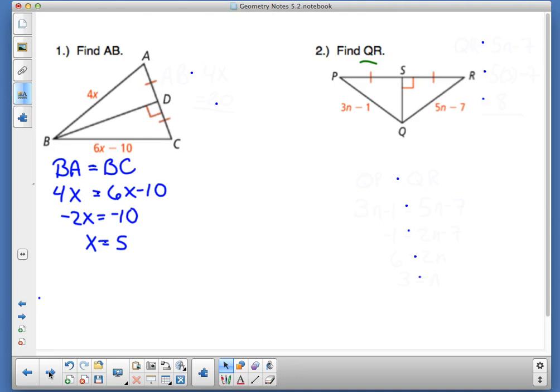But we have an oopsie. We found part of the answer. If we reread the question, we'll notice that find AB was what they said. And AB mushed together like that means the distance between point A and point B, which means AB is 4x, and our value of x needs to be plopped in, and 4 times 5 is actually 20.